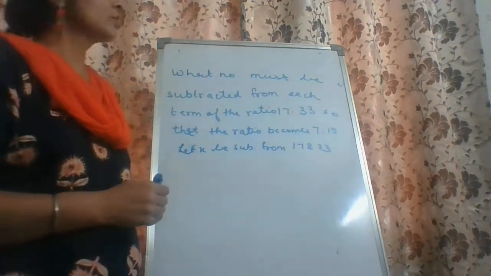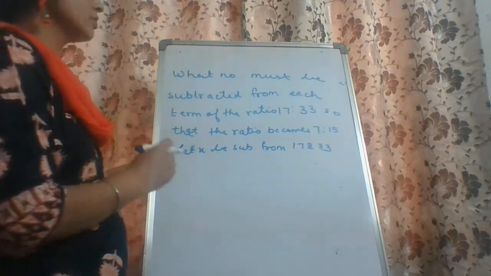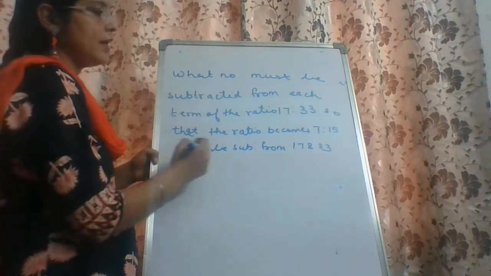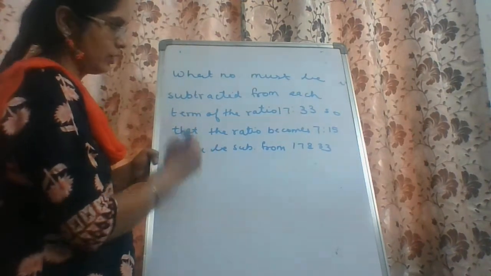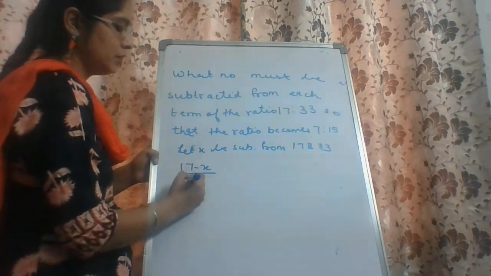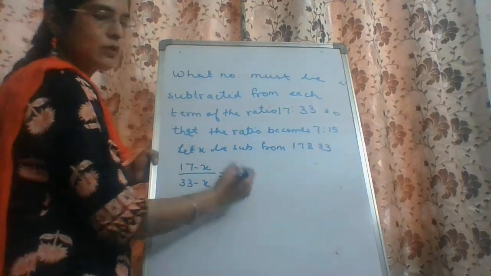Let us solve this question now. What number must be subtracted from each term of the ratio 17 is to 33 so that the ratio becomes 7 is to 15? Let x be subtracted from 17 and 33. I get this as 17 minus x upon 33 minus x equal to 7 upon 15. Let us cross multiply.